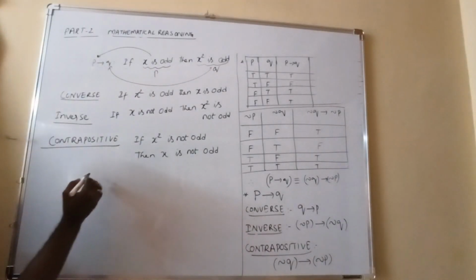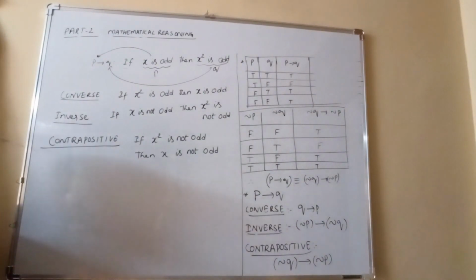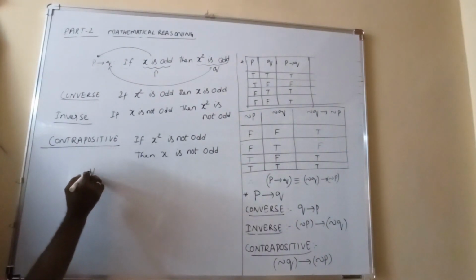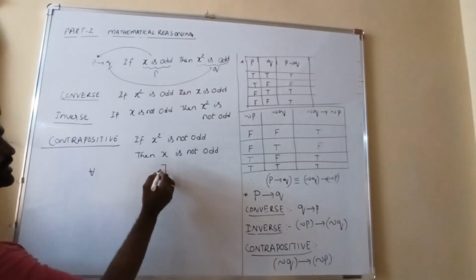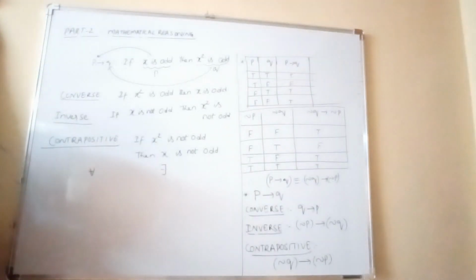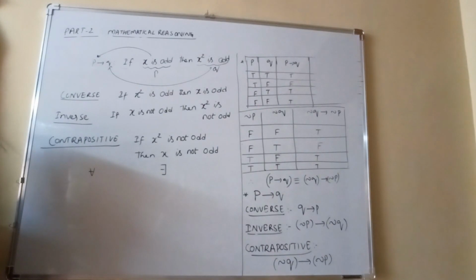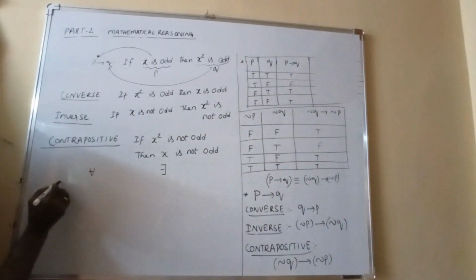And next, quantifiers. So what are the quantifiers? This is the for all symbol, and this is there exists. And how to find the negation of a statement which contains these quantifiers? I am going to give my own example.